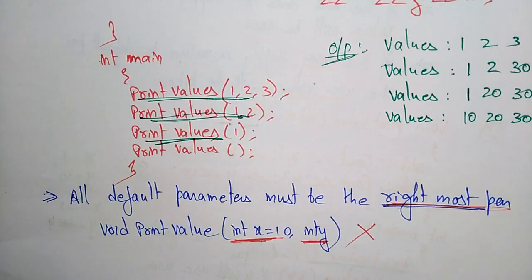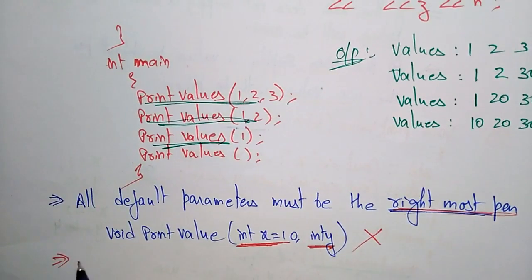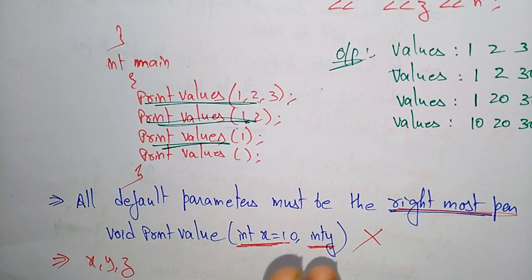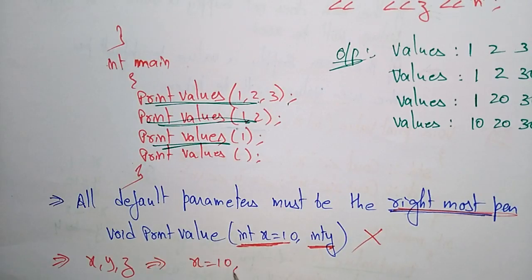Another thing is, suppose you are taking three variables x, y, z. Without supplying arguments for x and y, z will not hold values. If you want to supply, just give the default values to all three variables.